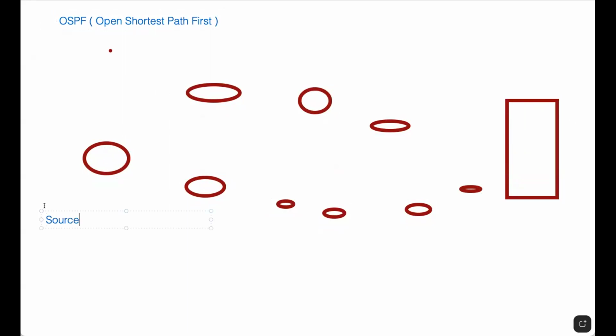What does that mean? Let's say this is the source, and the source path goes this way, this way, this way, and then reaches this destination.